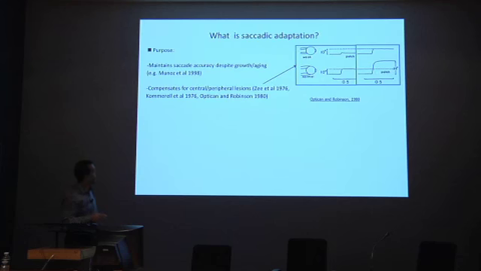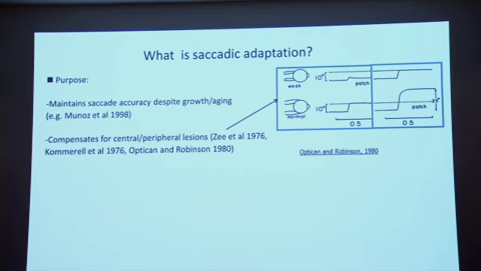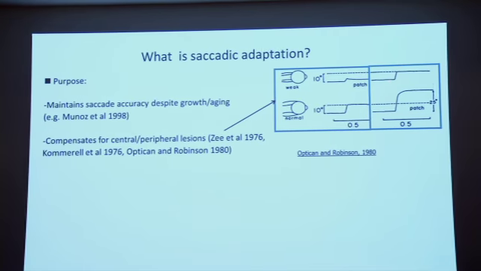And it can also compensate over a shorter term for central or peripheral lesion, as shown initially by these people in human subjects, and then by Optican and Robinson in monkey, that they operated, they weakened the muscles of one eye, and they observed, of course, that this surgery produced very inaccurate saccades produced by this eye. And then by patching the good eye, several days after, they noticed that the eye saccade amplitude had recovered.